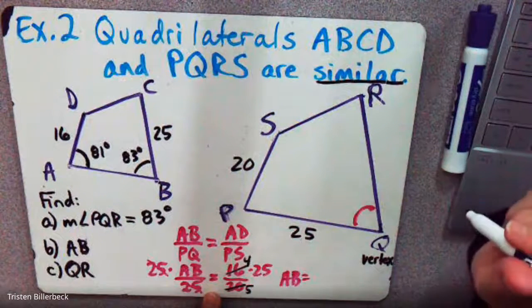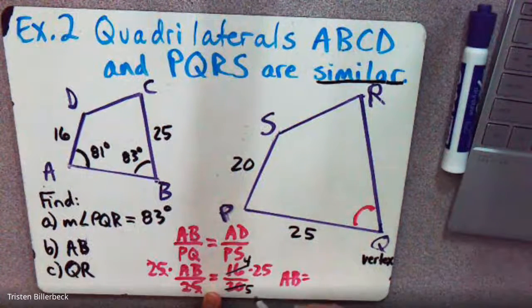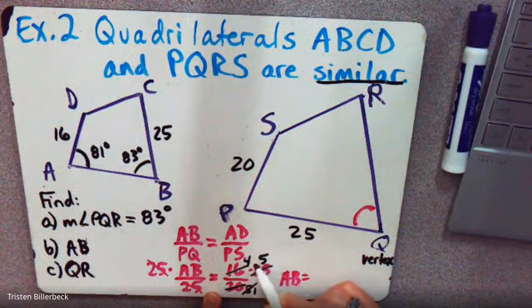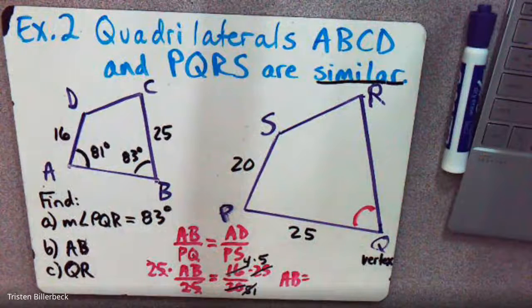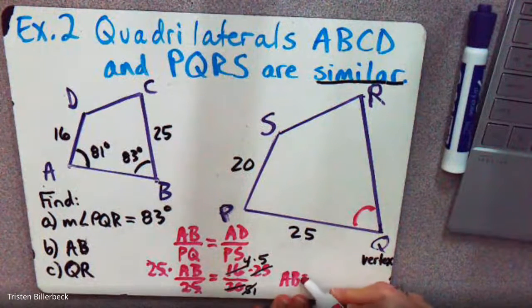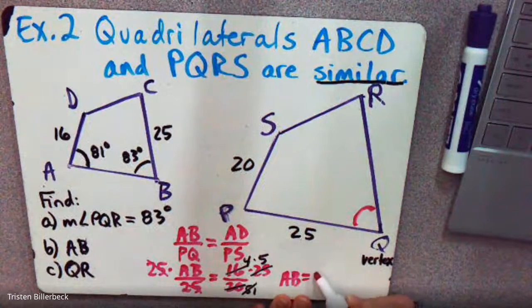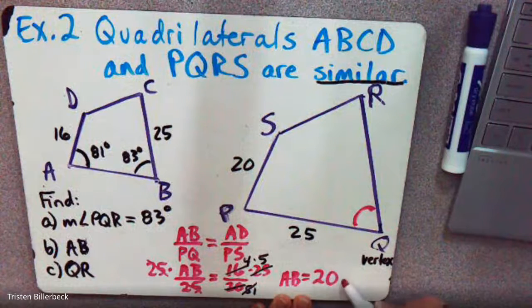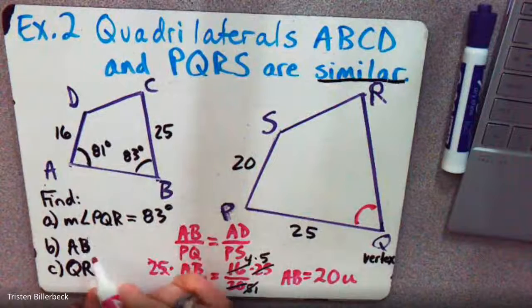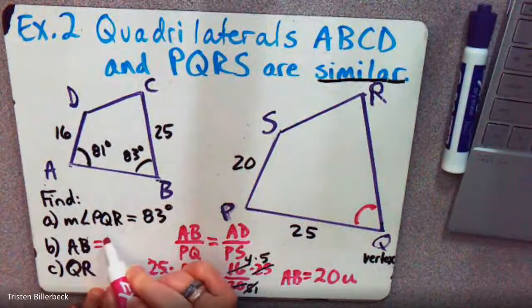Now I also know that there are 5s in 25. So I'm going to take out 1 5 in 20 and 5 5s in 25. So now I've reduced that whole awful looking thing to 4 times 5, and I can multiply that in my sleep. So AB is 20 units. Okay, so I have 20 units right there.